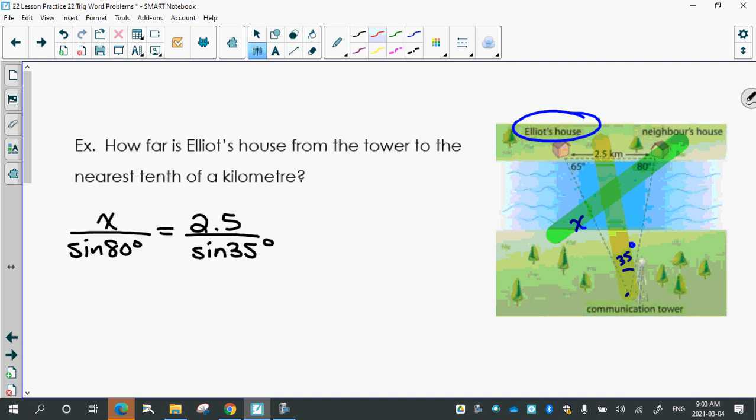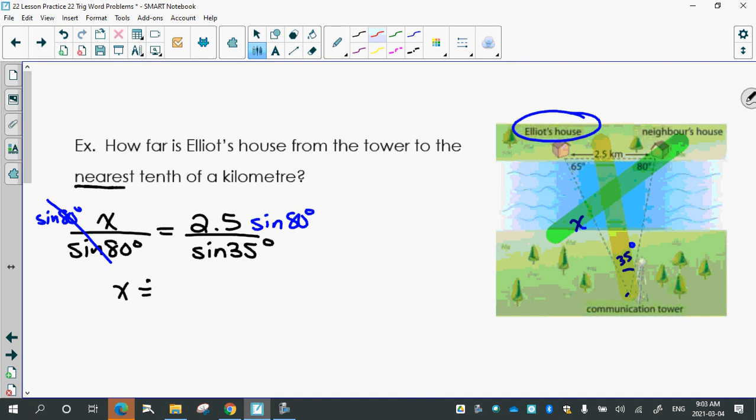And then to get x by itself, I would multiply both sides by sine of 80. So 2.5 times the sine of 80 divided by the sine of 35 is approximately 4.3.